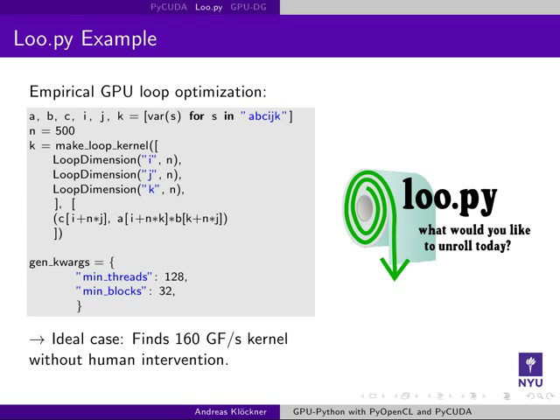So what we specify here is a matrix product, and we also specify the memory layouts by converting to linear indices within this expression. Then we give the optimizer a few hints. So we tell it, okay, don't look at solutions that use fewer than 128 threads, and don't look at solutions that use fewer than 32 blocks. That just cuts off little bits of the search space that we know are dumb.